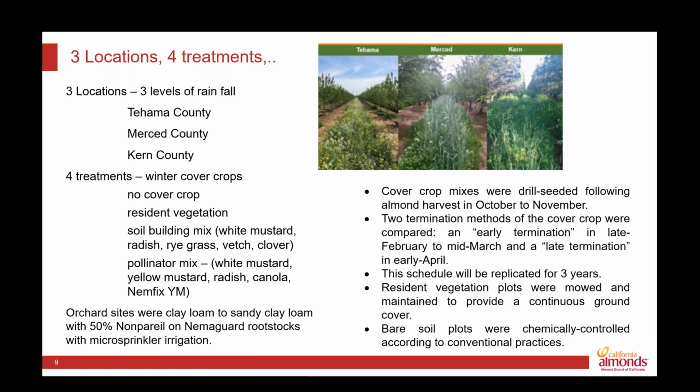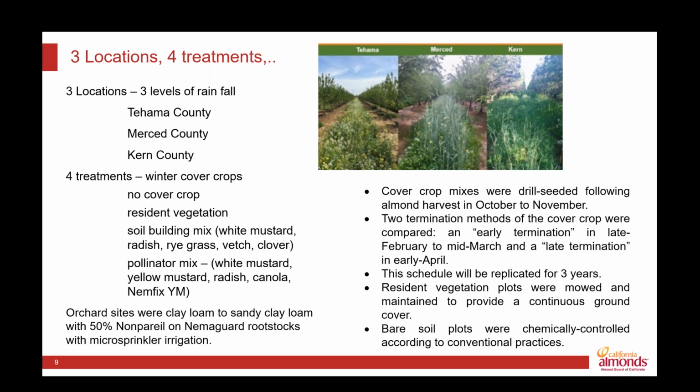So the study did trials in 3 locations, Tehama County, Merced County, and Kern County, covering that gradient. They tried to do 4 treatments: no cover crop, a bare ground control, resident vegetation, a soil building mix, and a pollinator mix.